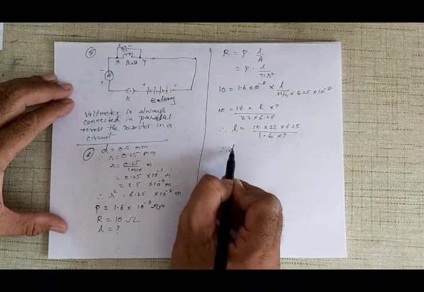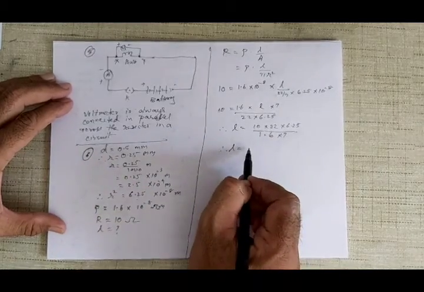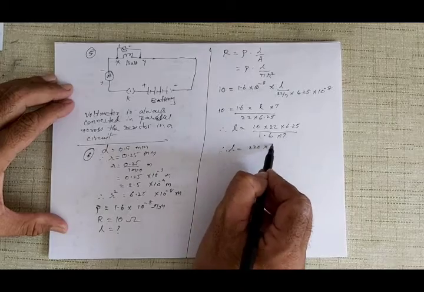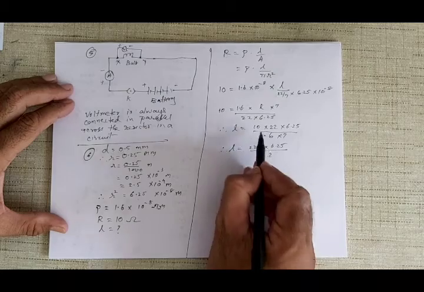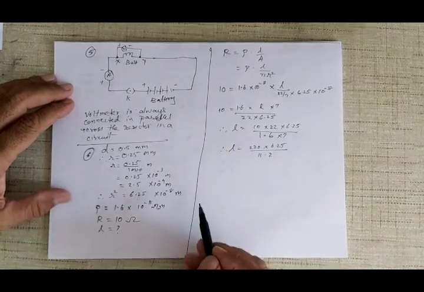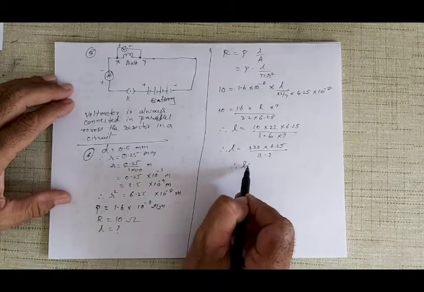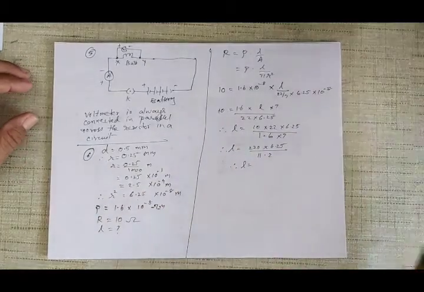Okay, so therefore L, length of the wire, will be equal to 220 multiplied by 6.25 upon 7 6 are 42, 7 11.2.